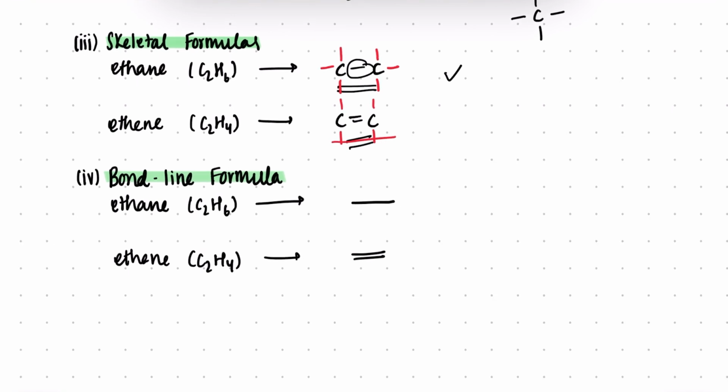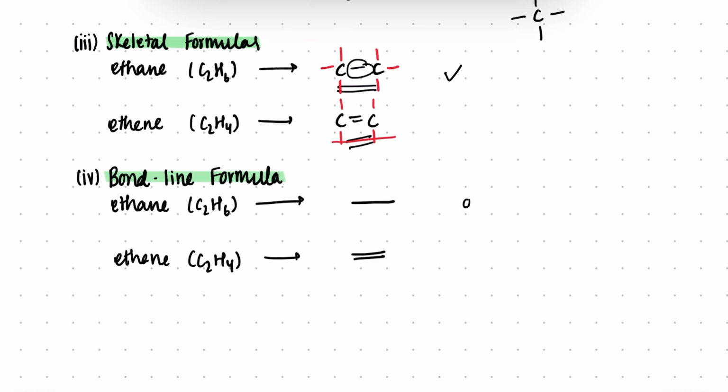But here in a bond line formula, all the edges, or the points, the pointy stuff, and the ends of the formula represent carbon atoms. And any other atom that you insert in between, like oxygen or nitrogen, those will be represented separately, like an O for oxygen, N for nitrogen.